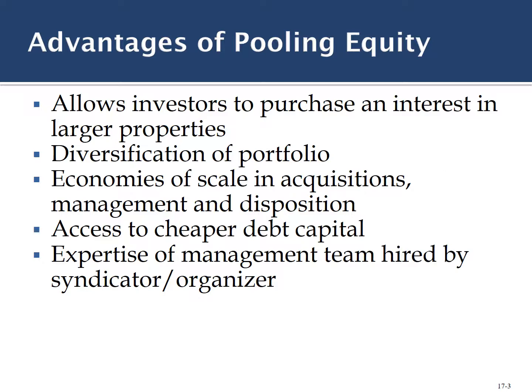Larger properties are easier to manage than smaller properties. For example, if you have a superintendent of a building or a project manager that is in charge of 50 units, they could go to five 10-unit buildings, which can be time consuming to split their time amongst multiple different buildings, with the commuting time and things of that nature, as opposed to one 50-unit building.